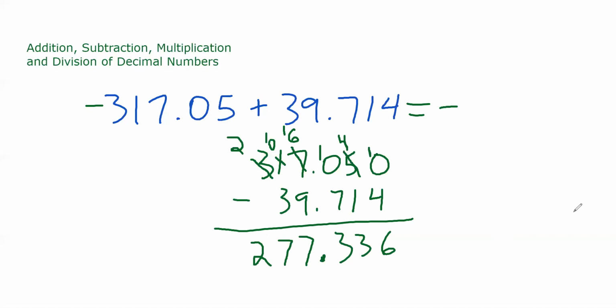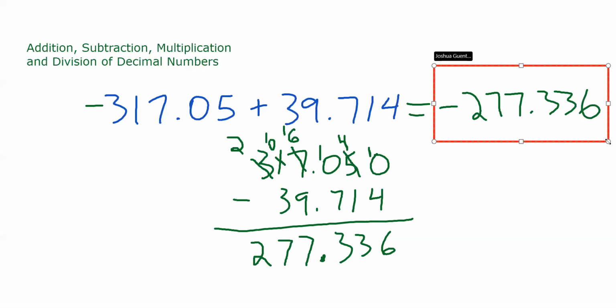And so we get 277.336, but remember, that's really supposed to come after a negative sign. So we end up with negative 277.336.